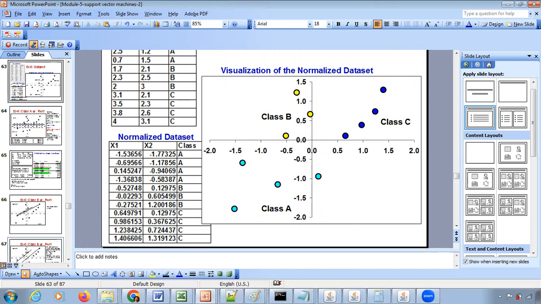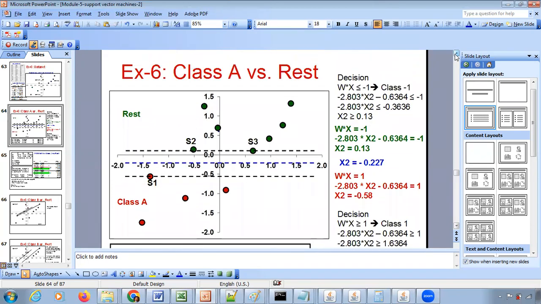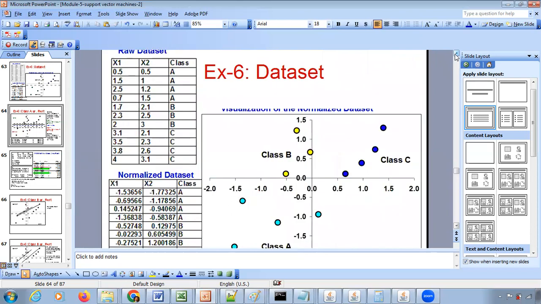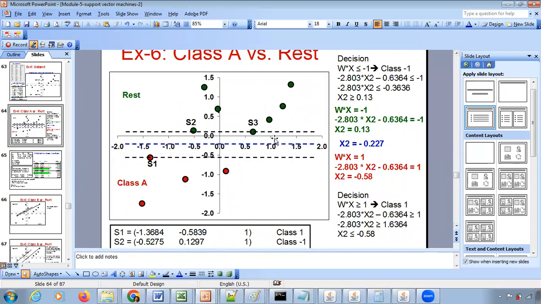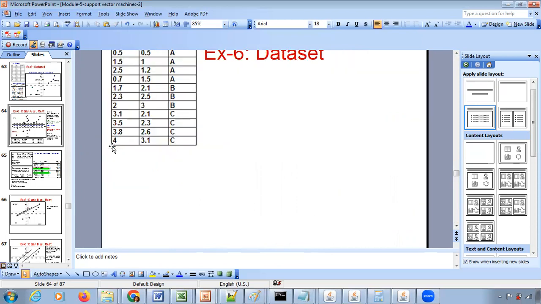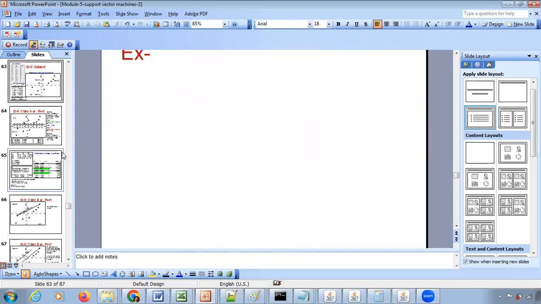So we need to fit 3 support vector machines, one for each class. So let us do first class A versus rest. Class A is the 4 data points below. That's the class of interest, so we will color it red. For the red class, we will use class 1 as the class assignment. The data points belonging to class B and C, the yellow and the blue data points, will be coupled together as the rest.